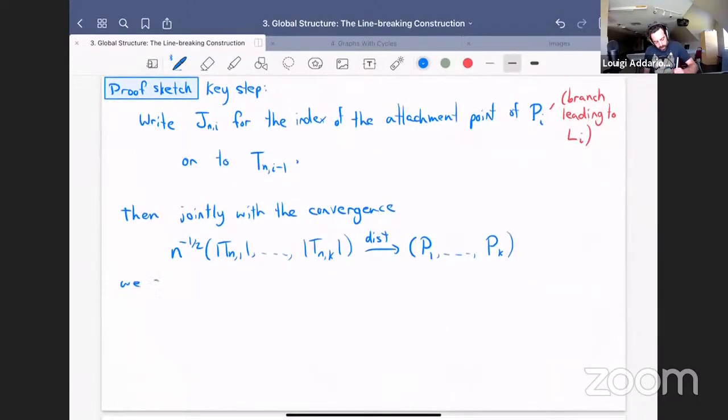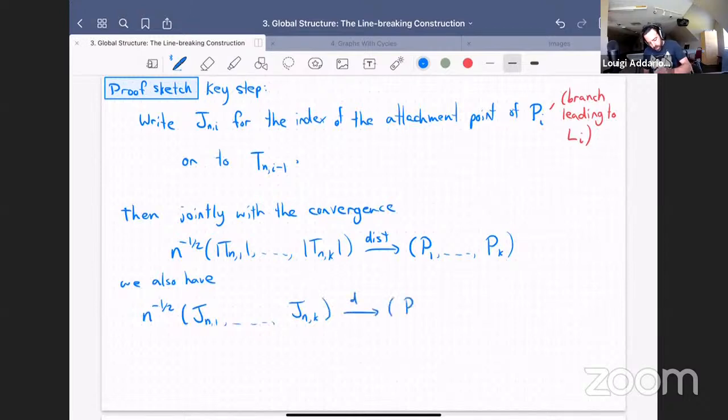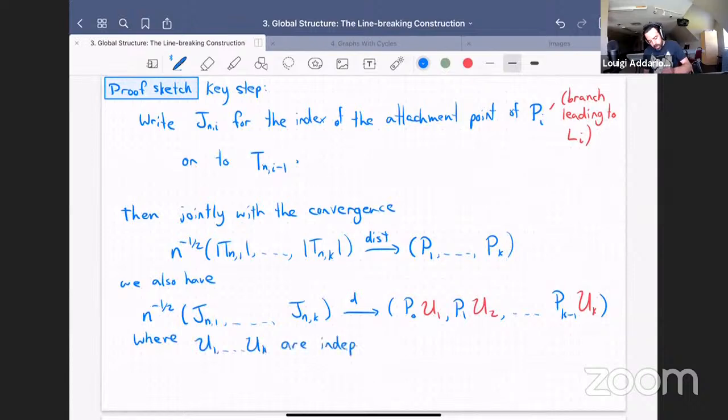Then we also have that n to the minus a half (J_N^1 up to J_N^k) converges in distribution to a vector (p_0 U_1, p_1 U_2, up to p_{k-1} U_k), where U_1 up to U_k are independent and uniform.